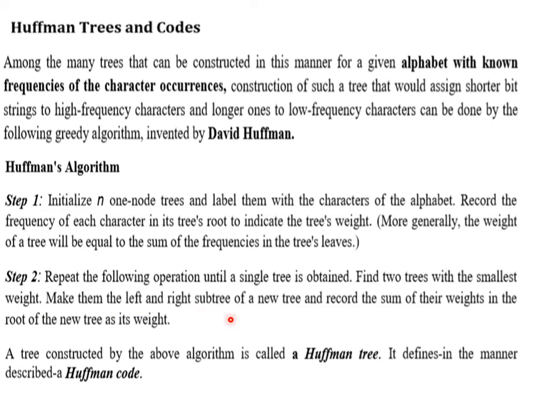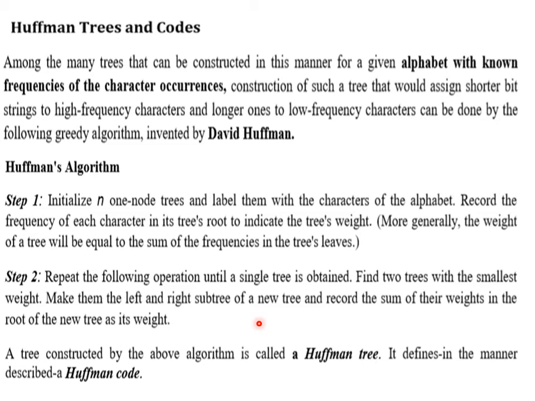Make them the left and right subtree of a new tree and record the sum of their weights in the root of the new tree as its weight. So Huffman suggests that among the frequencies of all the characters, find the two characters with the lowest frequencies and combine them. Find the two with the smallest weights, make them the left and right subtree of a new tree, and record the sum of their weights in the root of the new tree as its weight. We'll see this with an example.